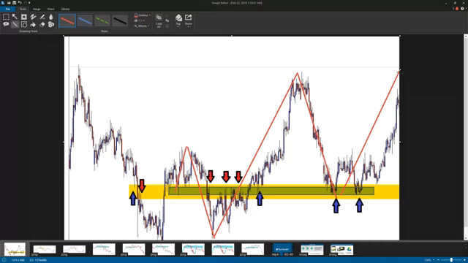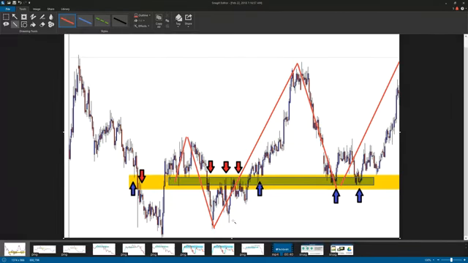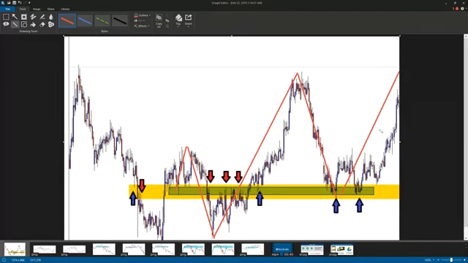So price comes back to this level. This is also a good place to find a QM level, where there is high interest, a high possibility where support and resistance meet. This is a very high liquidity zone, so price will most likely come back to this area, right?